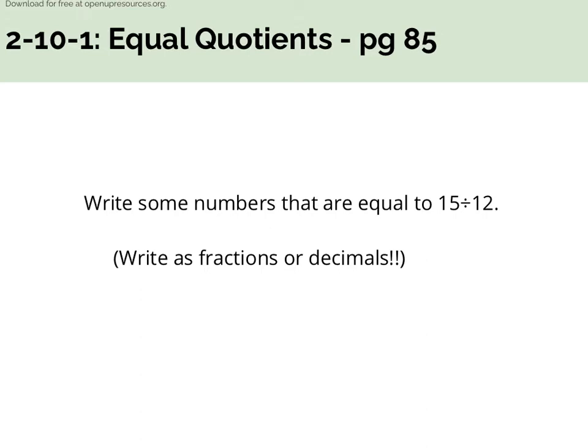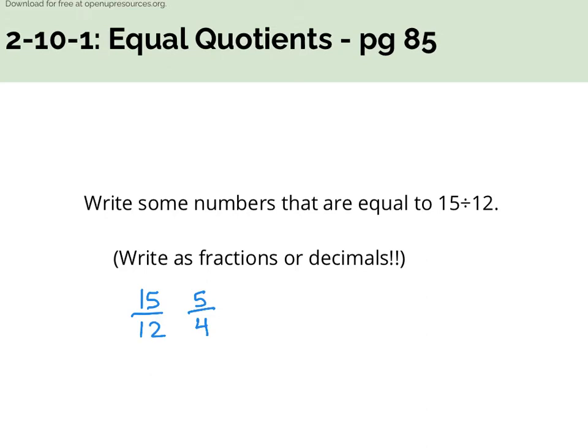All right, now since you've been given a couple of seconds to write down some numbers that are fractions or decimals of 15 divided by 12, let's go ahead and do some. We can write this as, of course, 15 over 12. If I wanted to reduce 15 over 12 as simply as possible and leave it as an improper fraction, I can do it as 5 over 4. I can take 3 out of both of them, right?